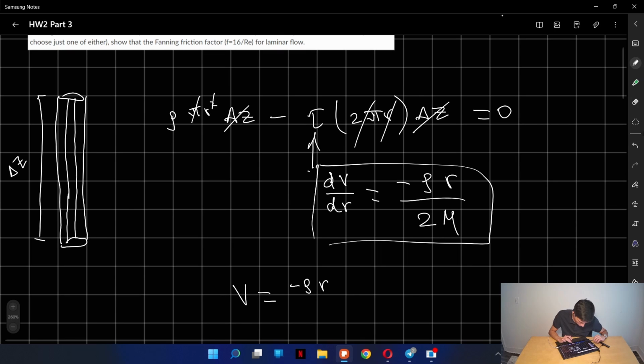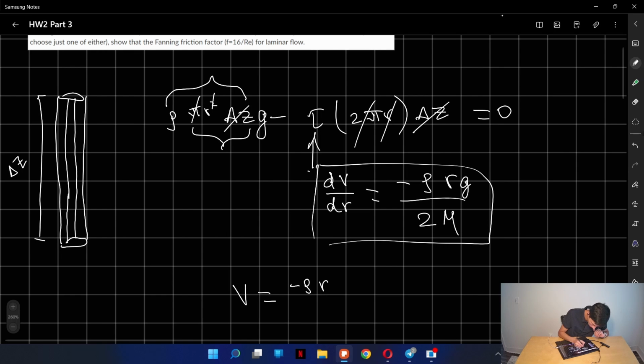It seems like I forgot something. This thing here was the volume, and I forgot to multiply it by g, because the weight is rho g times the volume.